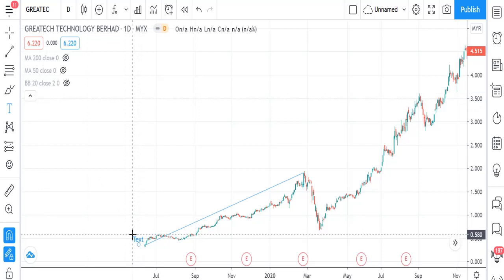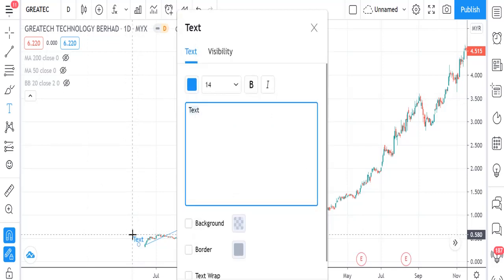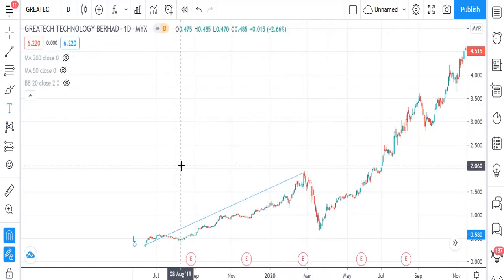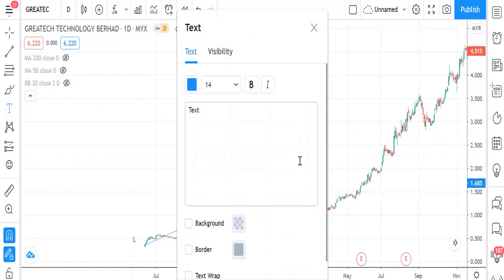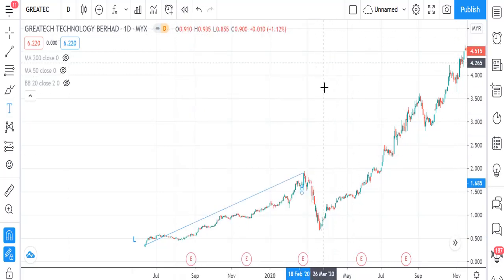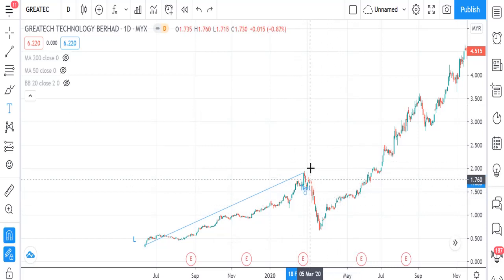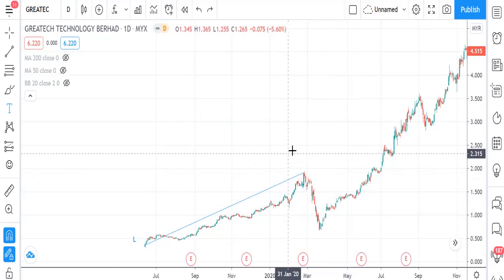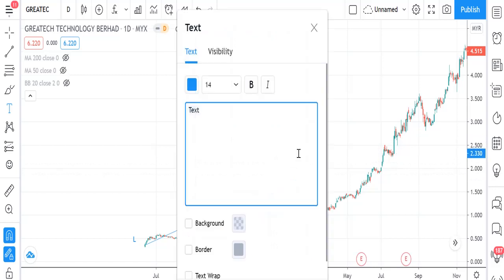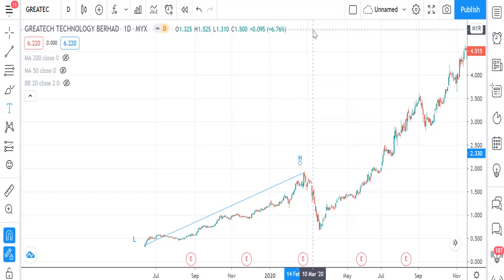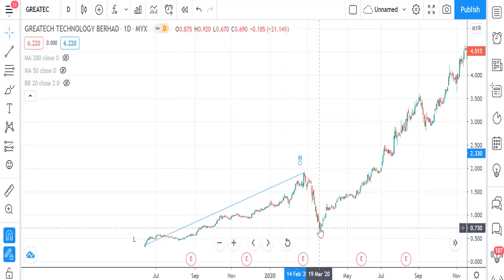That's your low, and that's your low, and that's your high, H. You can see the high there. Not really at the right place, so maybe I put it somewhere up here, high. So that's a high. Then we will see another low here.